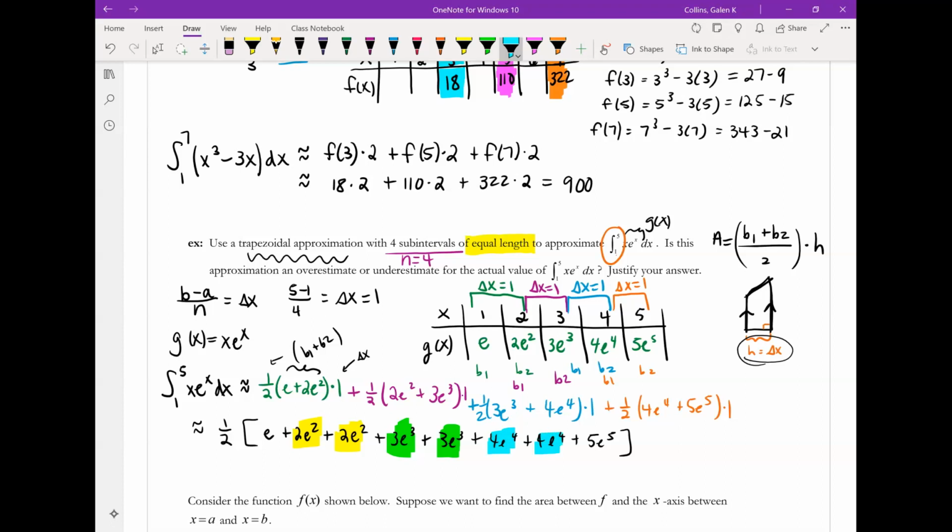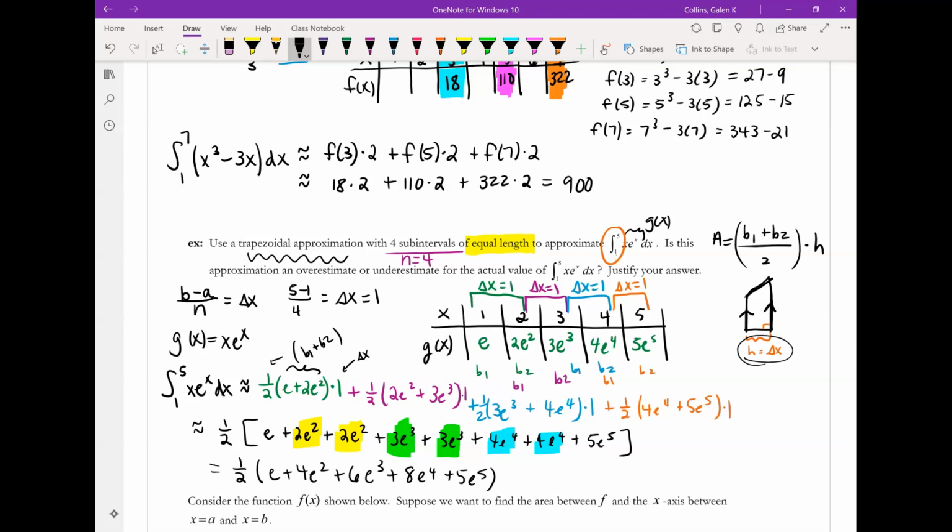And I need to make these videos before lunch when I'm not exhausted. Okay, so if we add that all up, we've got e plus 4e squared plus 6e cubed plus 8e to the 4th plus 5e to the 5th. And that's it. That's our approximation.